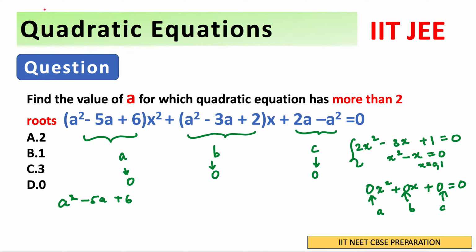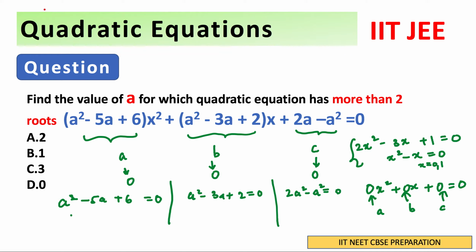So let's quickly solve these three equations. a square minus 5a plus 6 is equal to 0. Then we'll have a square minus 3a plus 2 equal to 0, because b is equal to 0, and 2a minus a square will be equal to 0. So we have three equations here in a, and we will solve for a.